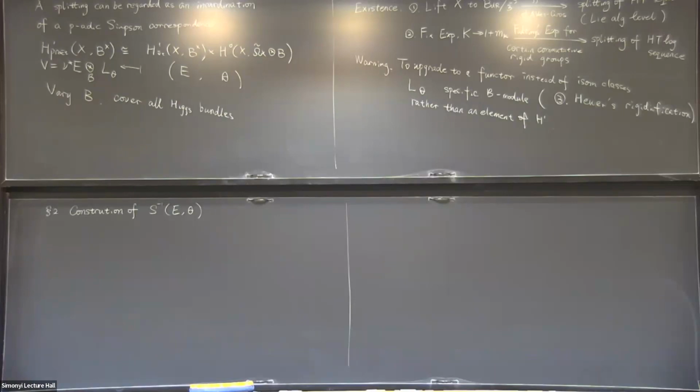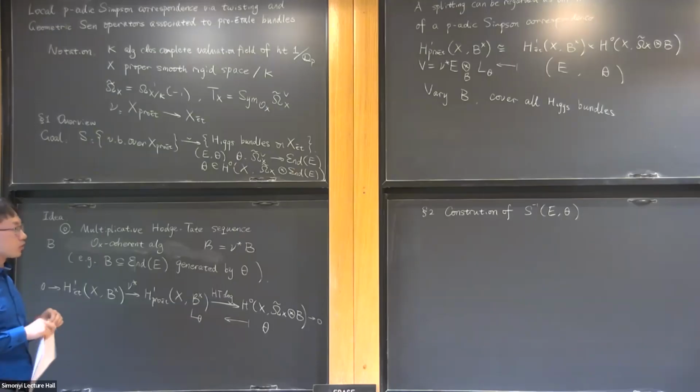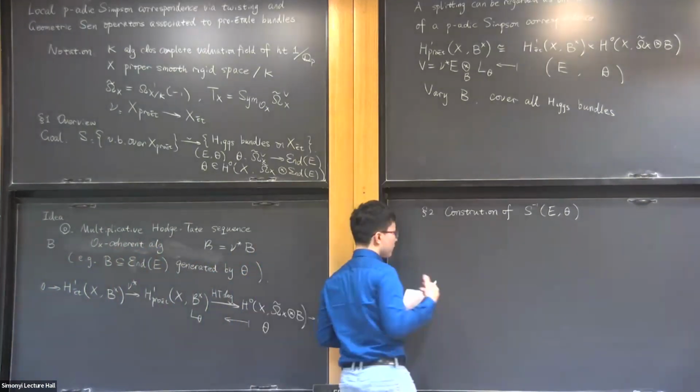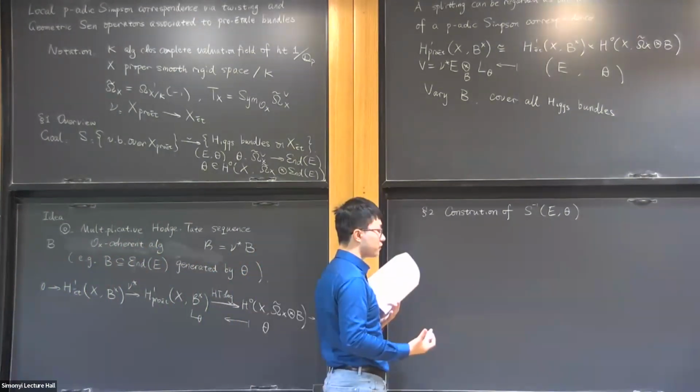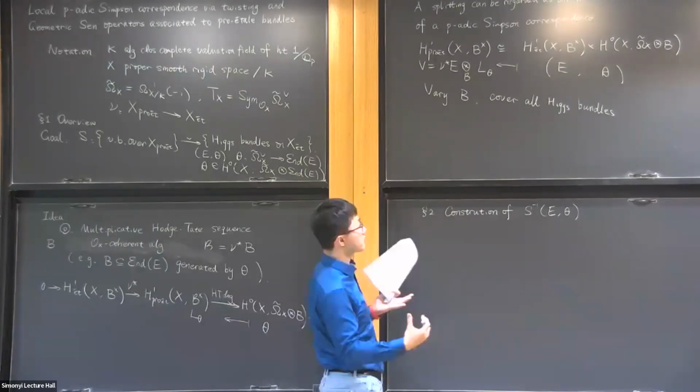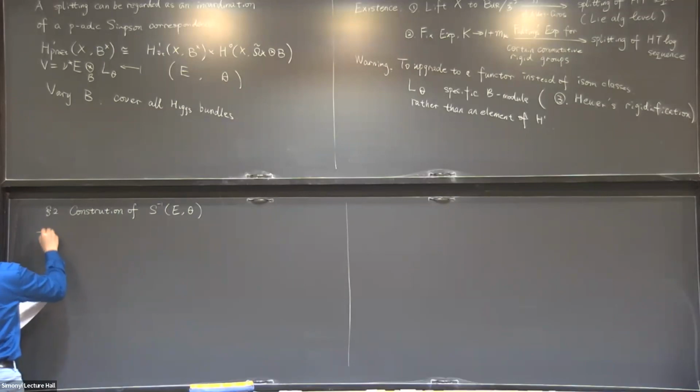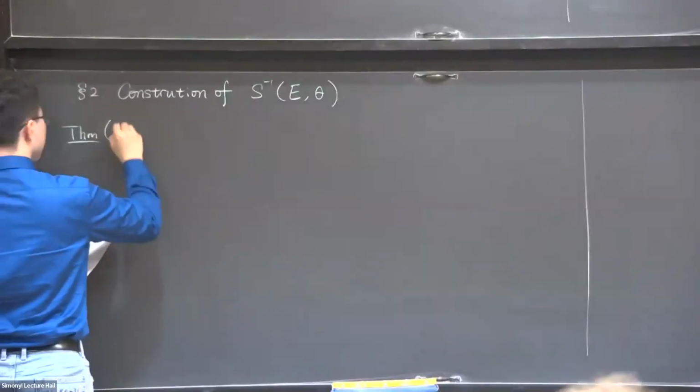And when you vary B, when you vary the Higgs fields, then you should pick a compatible system of such specific invertible B-modules. To prove the existence of such a compatible system of specific invertible B-modules, this is a theorem of Heuer.